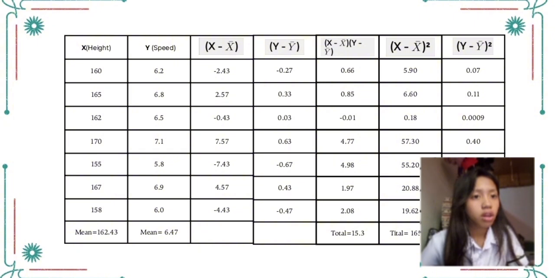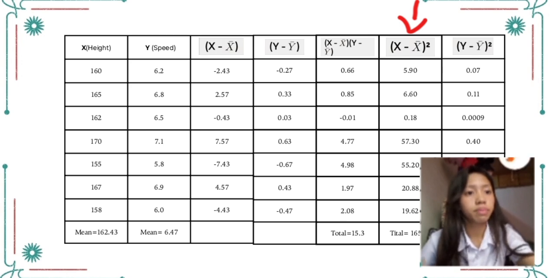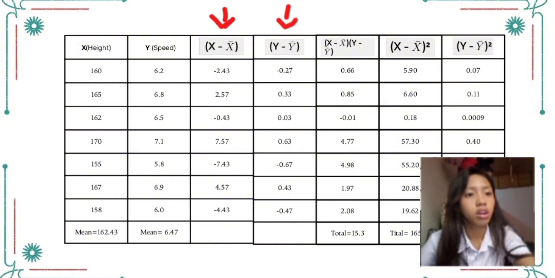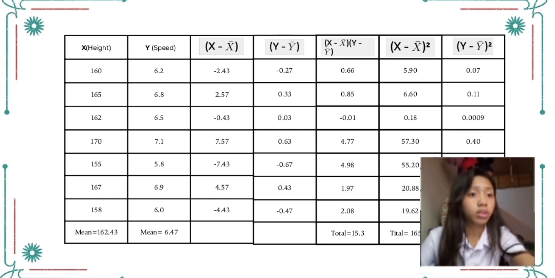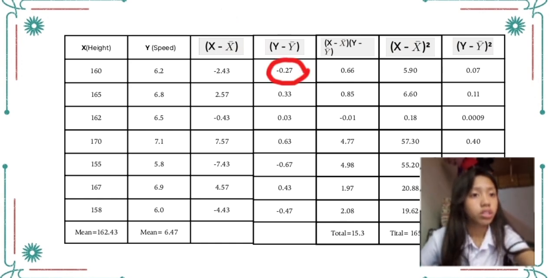For the next column, we need to square the values of this column and this column. For example, the squared value of negative 0.27 is equal to 0.07.